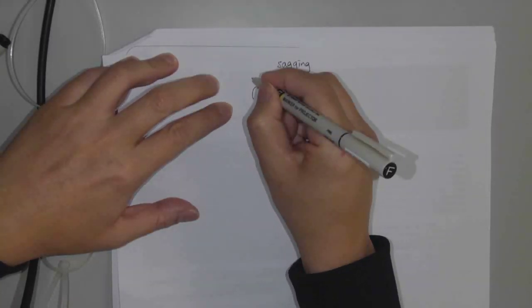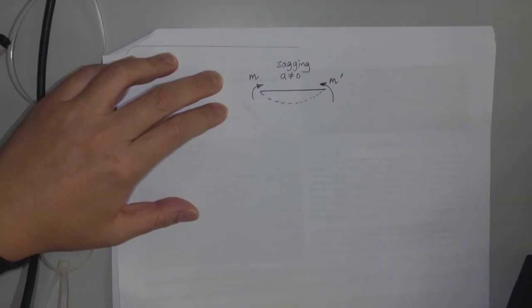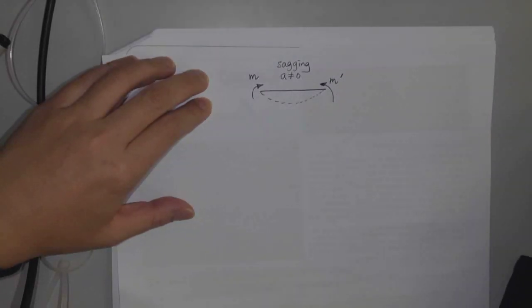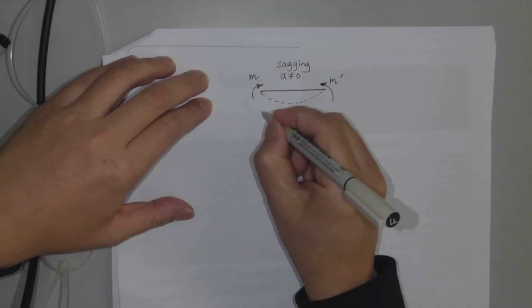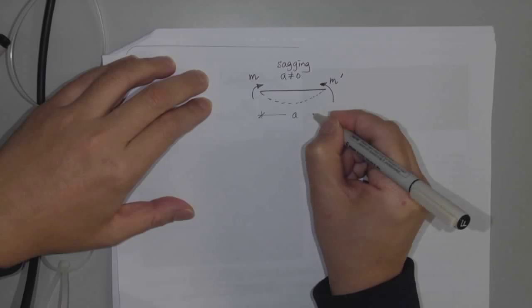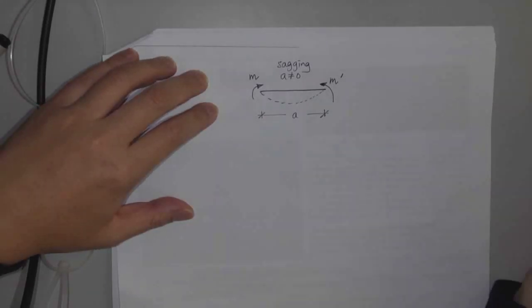So let me call this moment M, and this M prime. And the length is A. Obviously, A is not zero. And how long is A? Doesn't matter. A can be anything, just not zero.